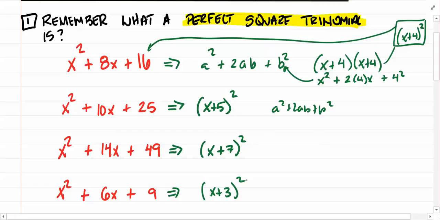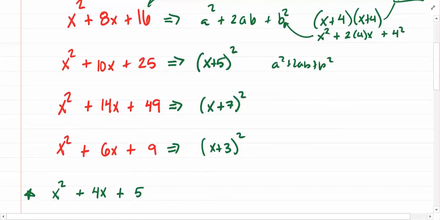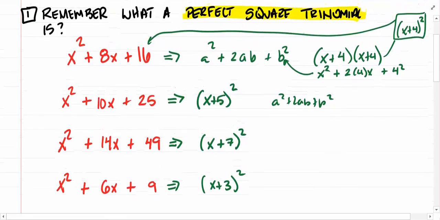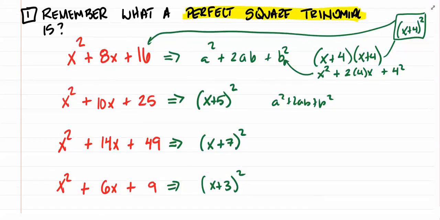So hopefully you're noticing something about each of these perfect square trinomials, because this one down here in green is not a perfect square trinomial, and we want to figure out what the difference is. So take a look. Do you see the pattern here? Are you noticing that this number here is always half of the middle number, and it's always the last number squared? So do you see that?